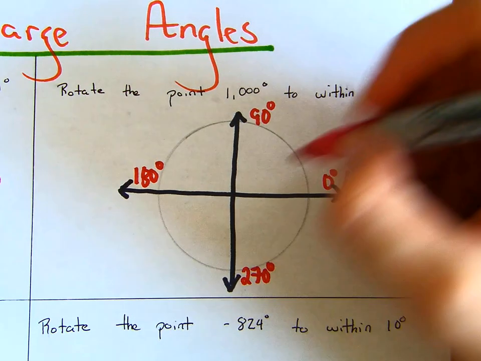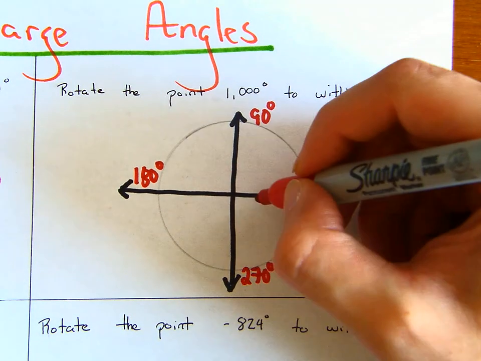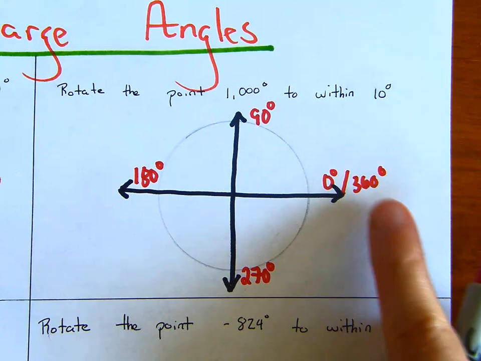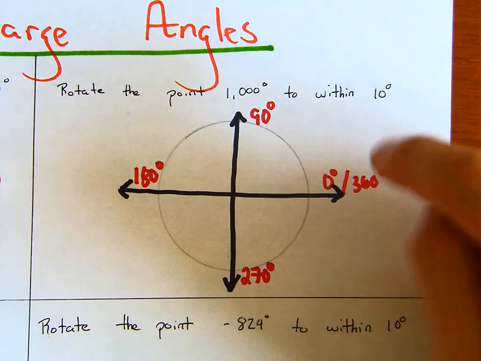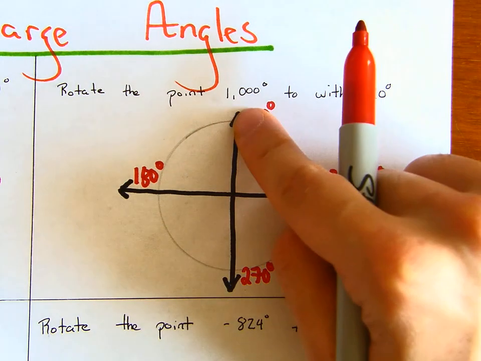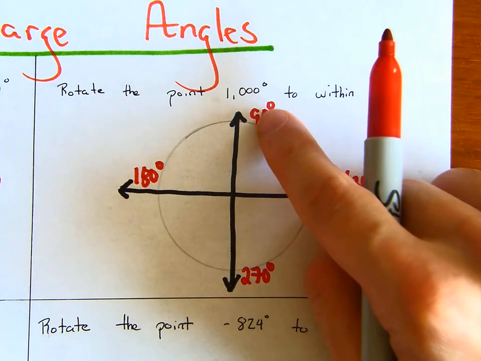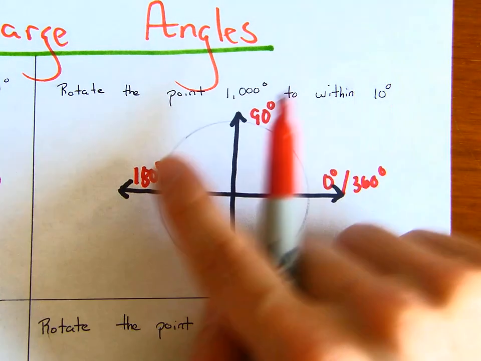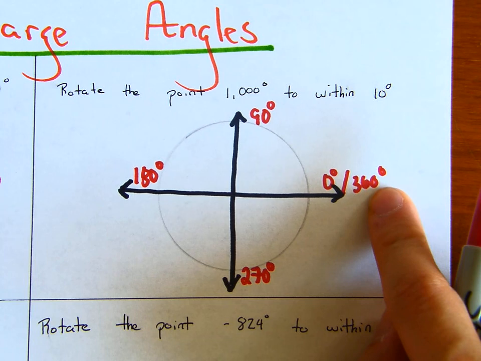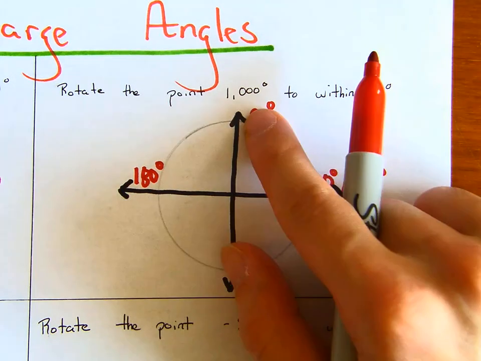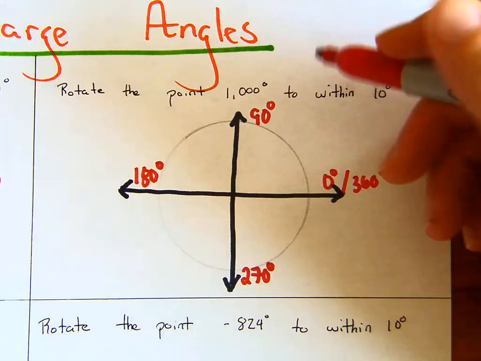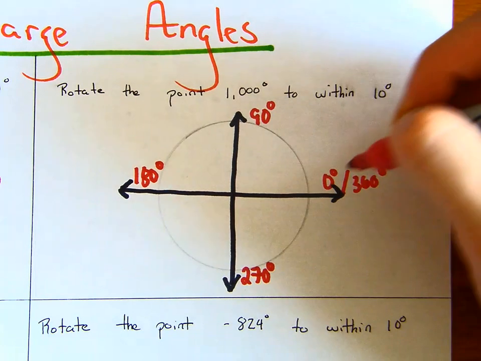But notice what happens after we do one full rotation. What's after 360 degrees? Every time we go to the corners, we're adding 90 degrees: 0 plus 90 plus 90 plus 90. So what's 360 plus 90? Keep going up by 90 and have some fun with it. Pause the video and try to do it by yourself.